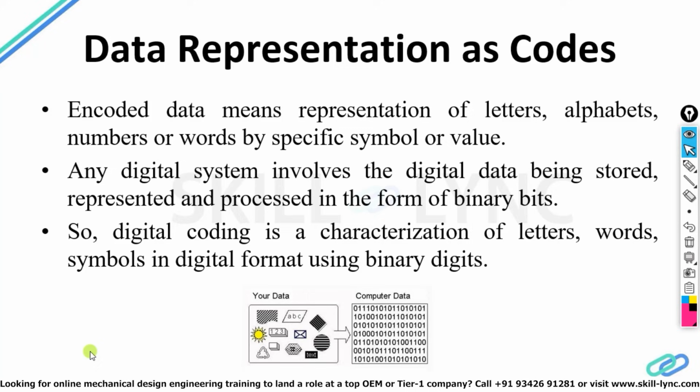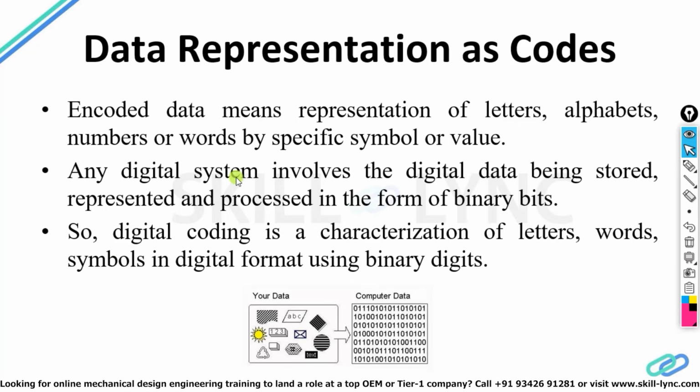So any digital system involves digital data being stored, represented and processed in the form of binary bits, because our machine, our computer, understands the language of zeros and ones. So when we are talking about the alphabet ABC, or the decimal number system or the octal number system, we have to convert it finally to the language, the system that the computer understands.